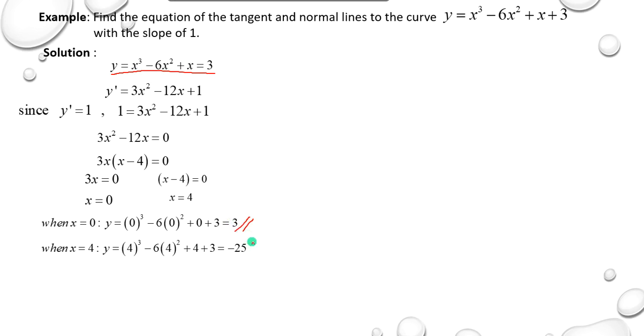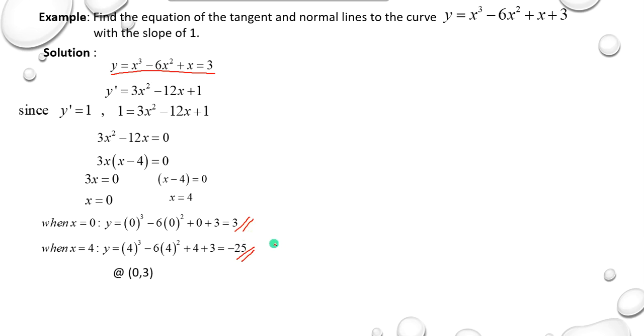When x equals 4, we plug the value of x into the original equation of the curve: y equals 4 raised to 3 minus 6 times 4 raised to 2 plus 4 plus 3. We have negative 25. So we have two values of x and two values of y, so we expect two equations for the tangent line and two equations for the normal line.